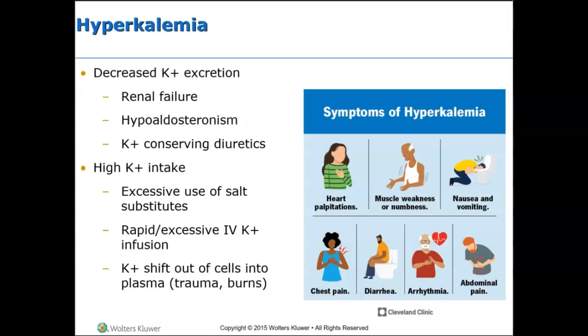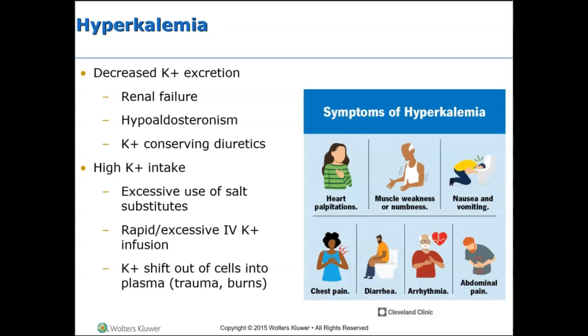It could also be too high of an infusion if we have potassium running to reinfuse. Maybe they were initially hypokalemic and we got too aggressive with how much we infused over a long period, right? Or it could be due to potassium shifting out of the cells and into the plasma, like when there is cell destruction, for example, severe burns, right?